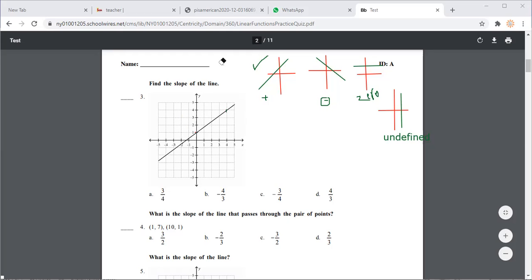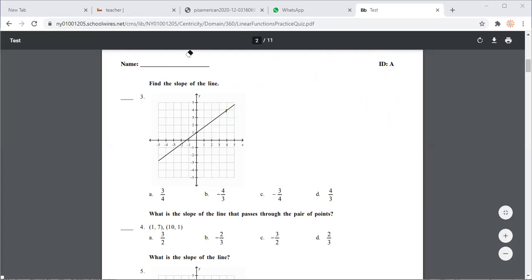We start counting from this point: 0, 1, 2, 3, 4. So I have 3 over 4. Understood this part, how we calculate the slope from the graph?